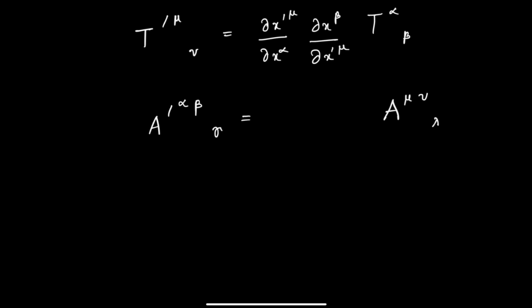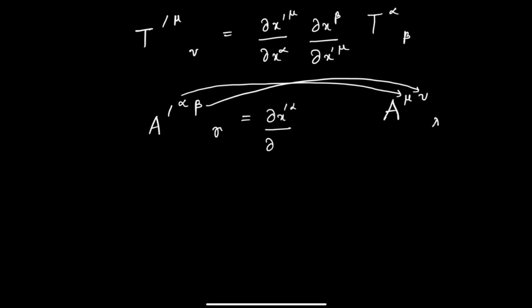Here alpha and beta will transform like contravariant. So for alpha I write the partial derivative of x prime alpha with respect to x, alpha going to mu. Then beta going to nu, so x nu.